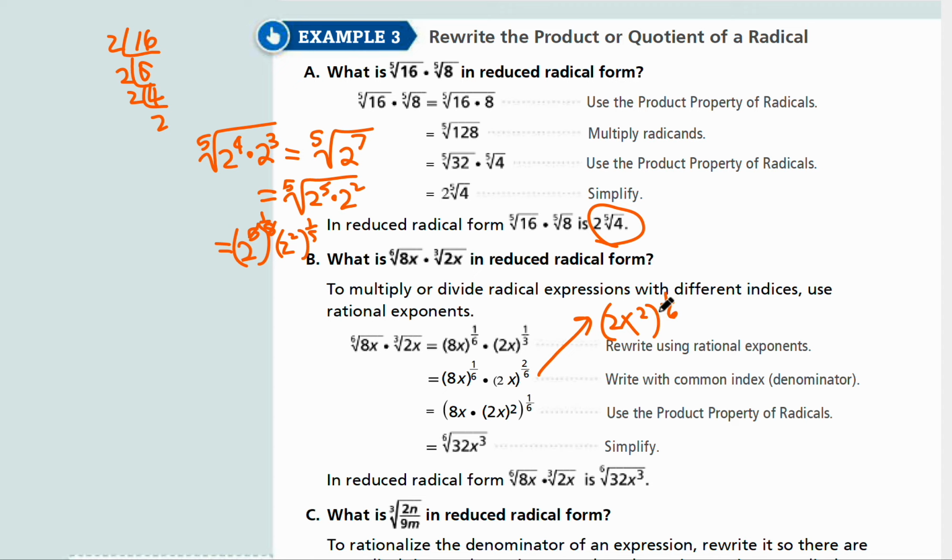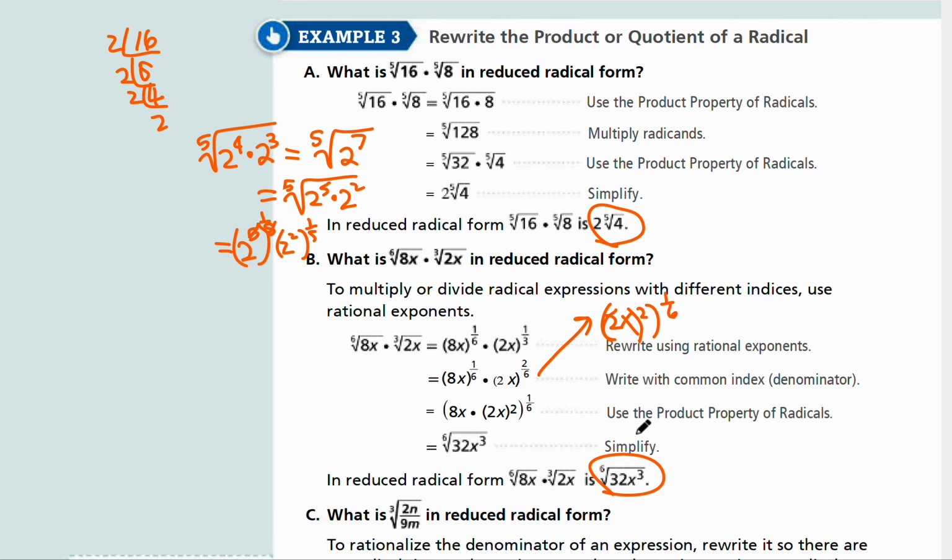So you can go the other way as well. And then now we have the same power. You can use the product property and then multiply 8x and 2x squared. Yeah, so this one. And then you will be able to simplify into the radical form.